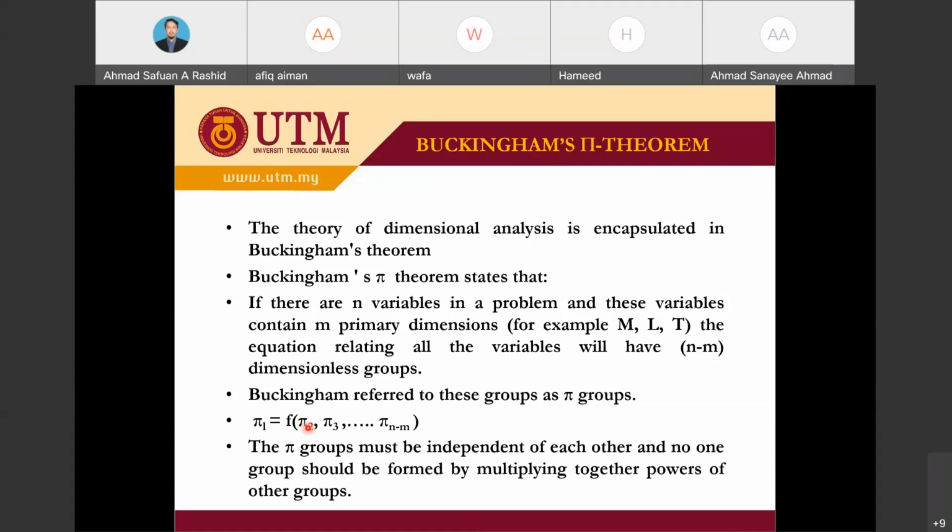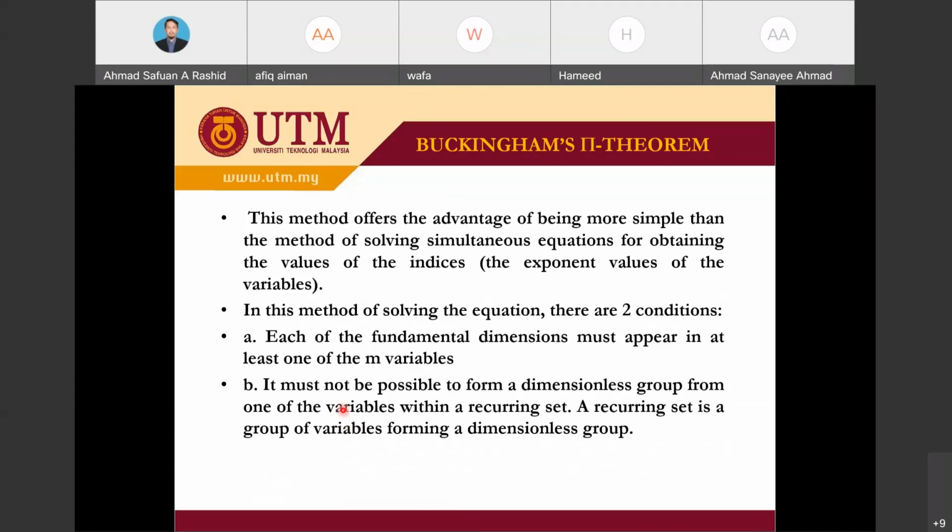I will discuss later on. So the method offers the advantage of being simpler than the method of solving simultaneous equations for obtaining the values of the indices.